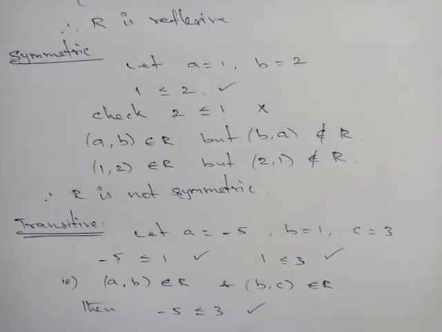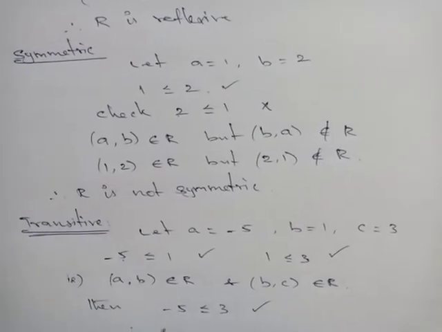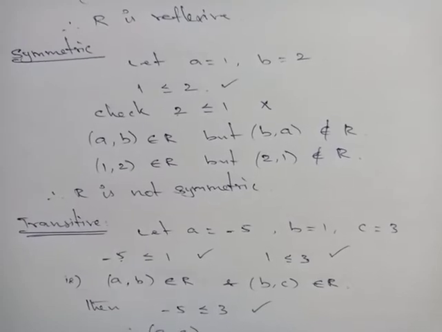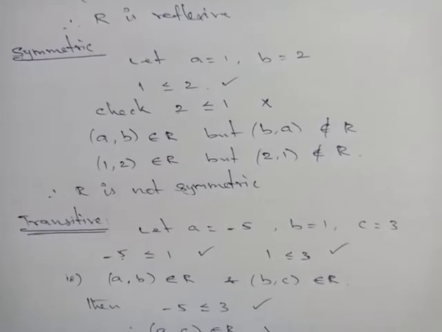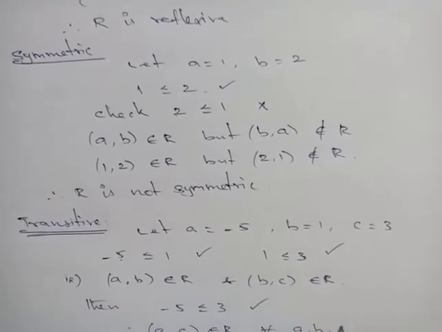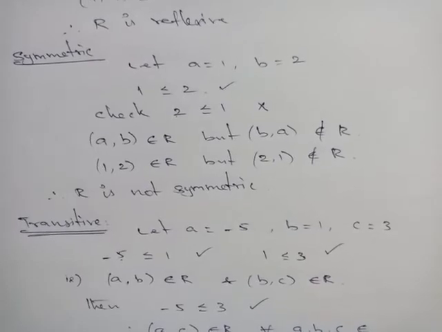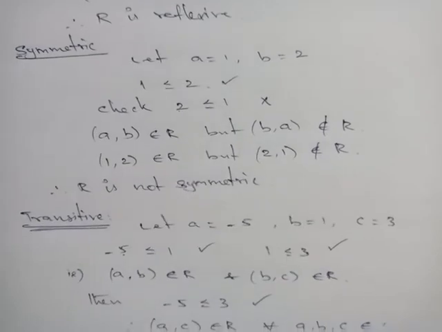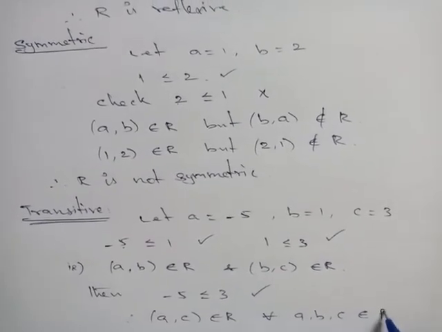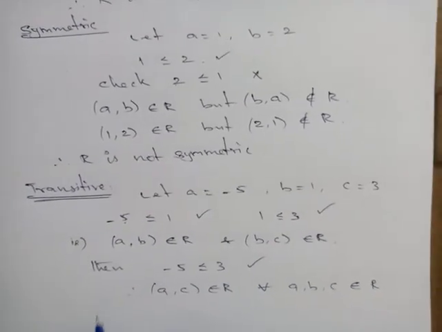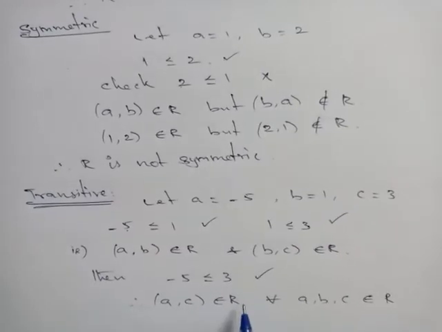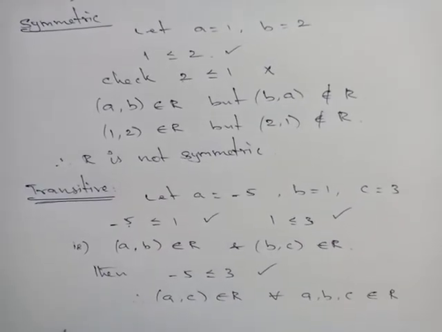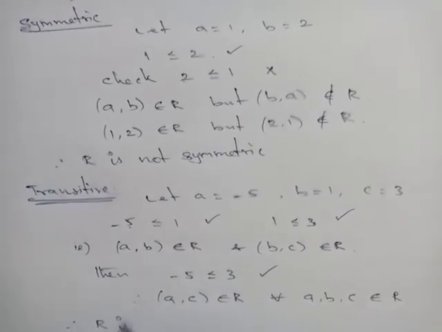It is also true. Therefore, we can say a comma c also belongs to R for all a comma b, b comma c belongs to R. So for all a, b, c values it is satisfied. Therefore, we can say R is transitive.